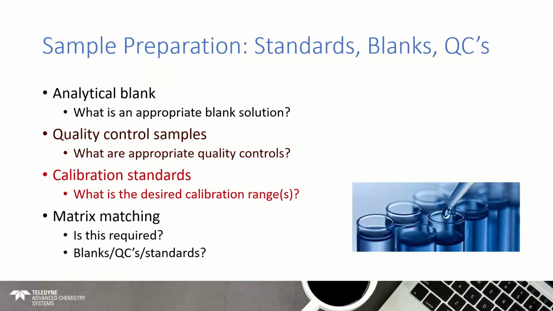You'll always have calibration standards, so that you get good quality quantified data from your samples. So what is the desired calibration range, so you can bracket the concentrations of your unknown samples? Then associated with all of that, matrix matching: is that required? Is that necessary for your blanks, QCs, and standards? So all of that is added to the preparation of your samples, which you've done.